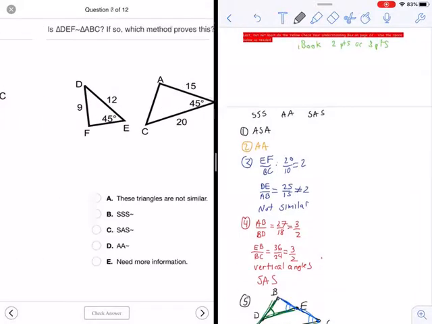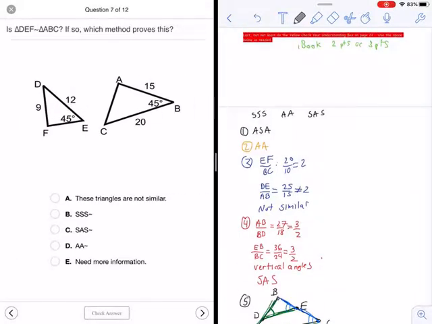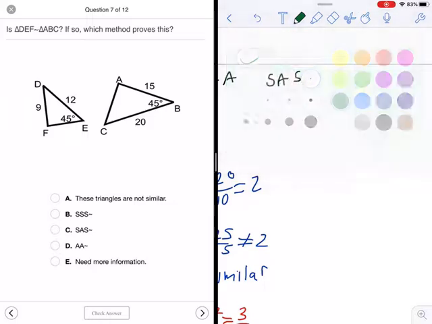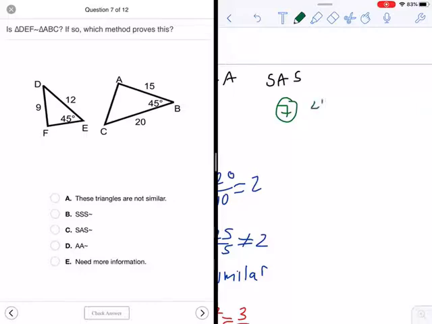Let's do number 7 now. Angle B is the included angle. Angle E, notice how it's not between, it's not included.